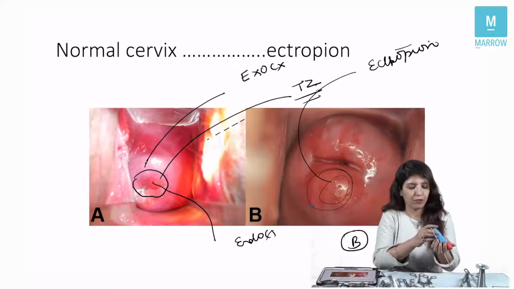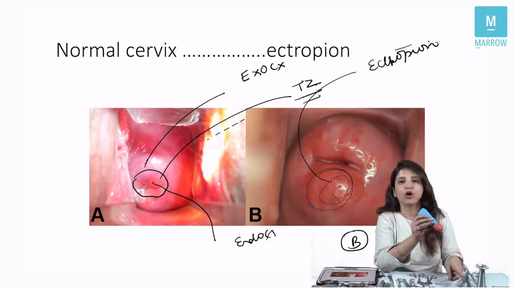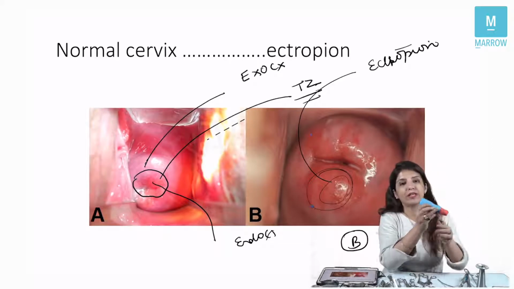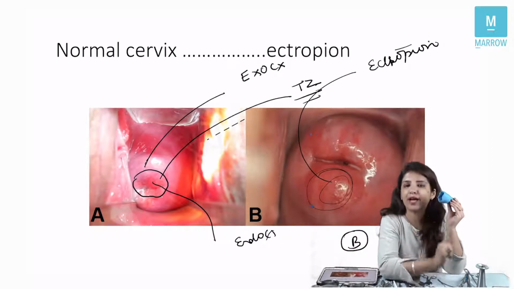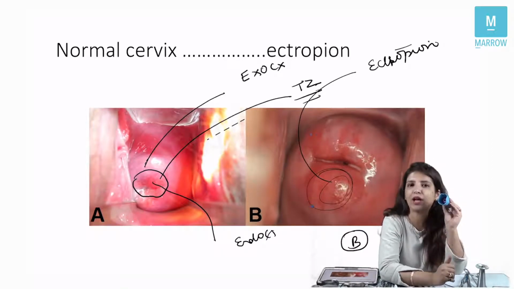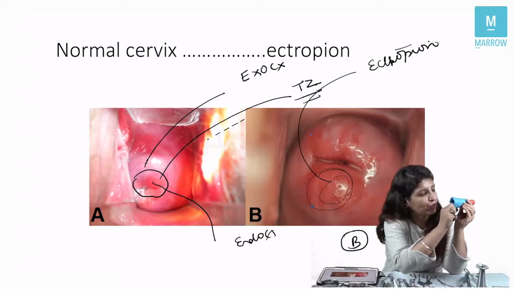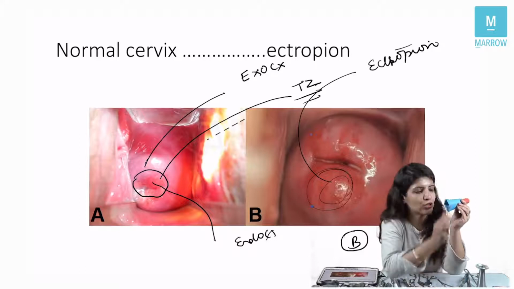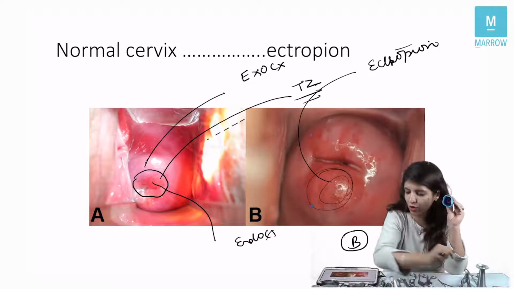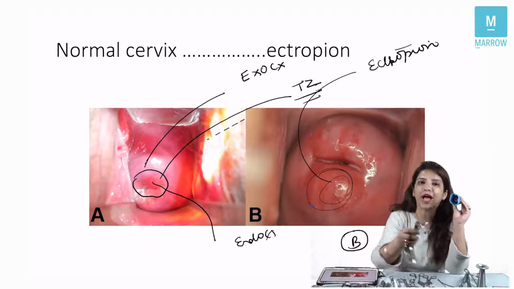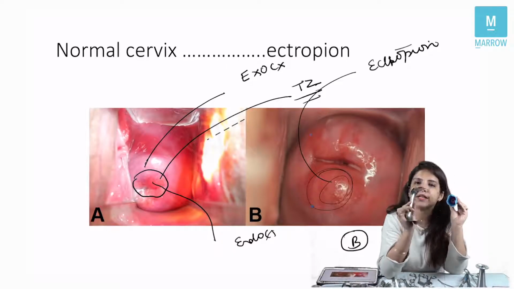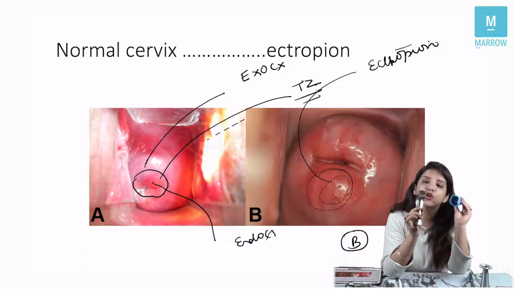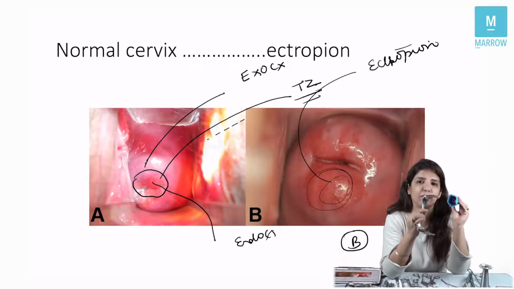Okay. Now, if I want to do a per speculum examination to look at the cervix, the first thing I will have to do is retract the posterior wall of the vagina, right? So, this blue color is the vagina which I have drawn. In order to retract the posterior wall of the vagina, the instrument I am going to use is the double-bladed, non-self-retaining Sims speculum.